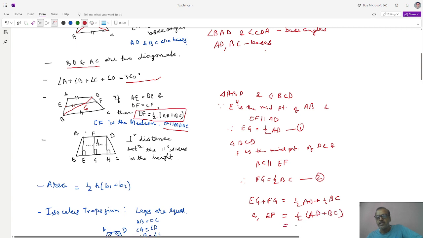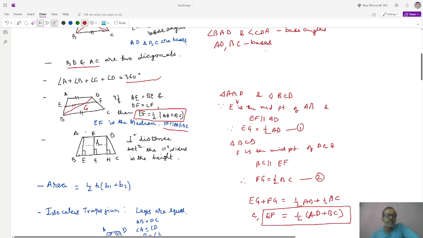And AD and BC are the parallel sides of the trapezium. So the relation is proved: EF equals half into AD plus BC. Okay.